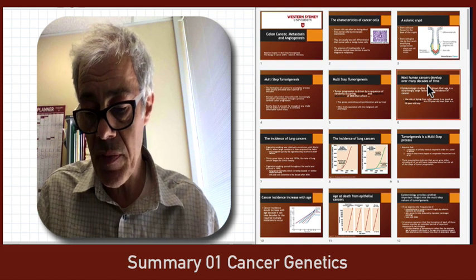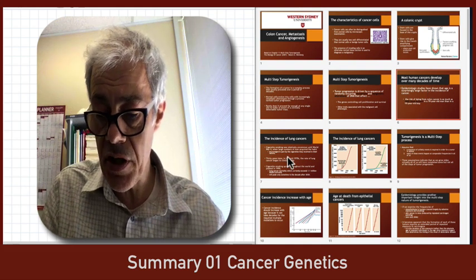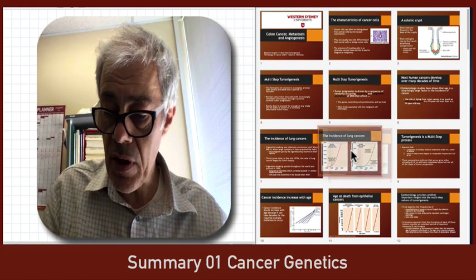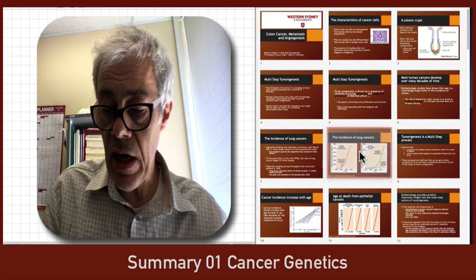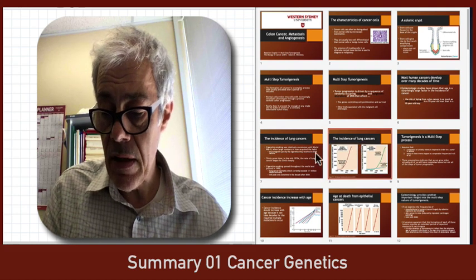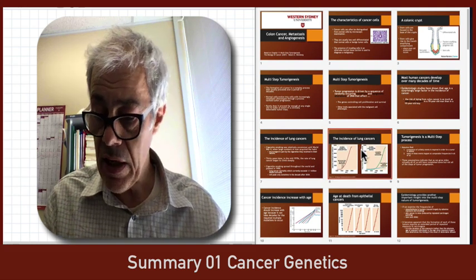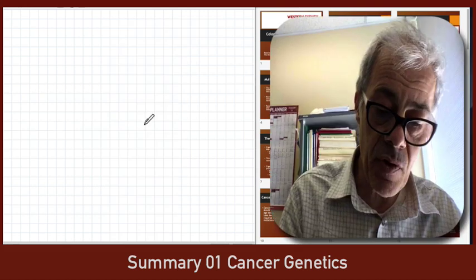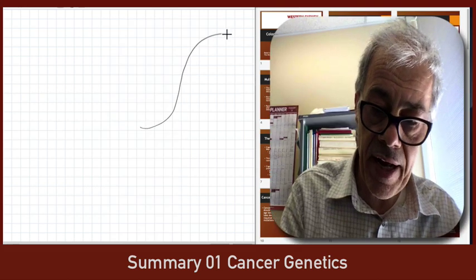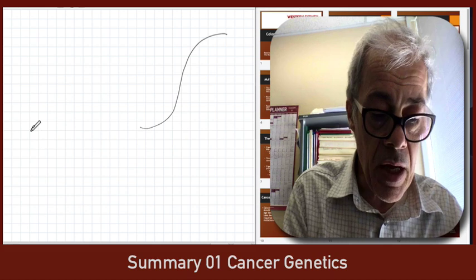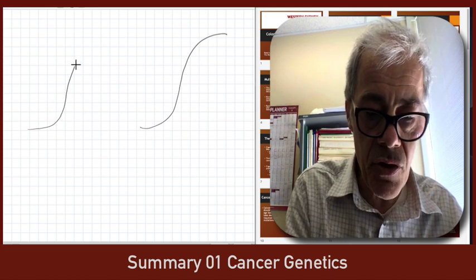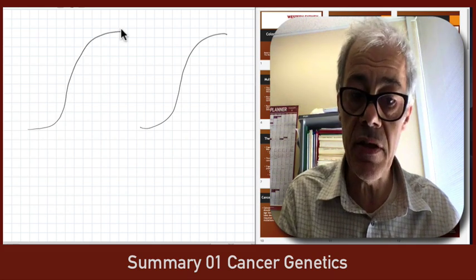We looked at some statistics and epidemiology of cancers, and we looked at the incidence of lung cancer. We noticed that you've got the occurrence of lung cancer over a period of time, and you can match that to the increase or uptake in smoking.